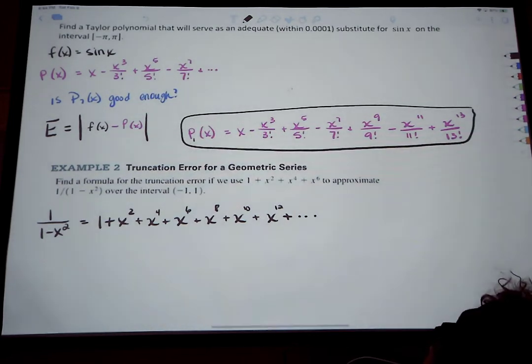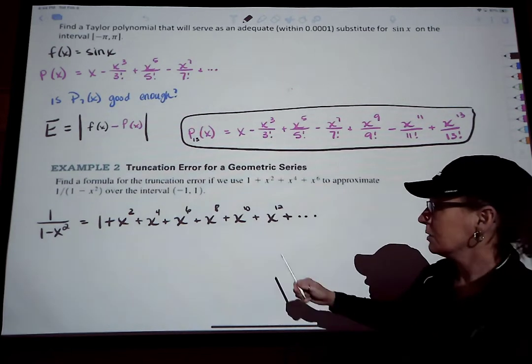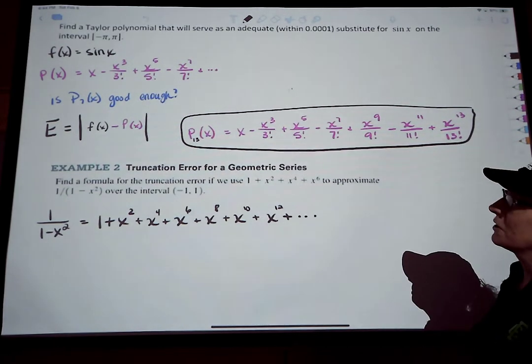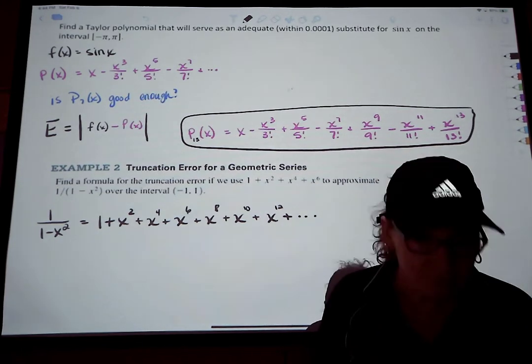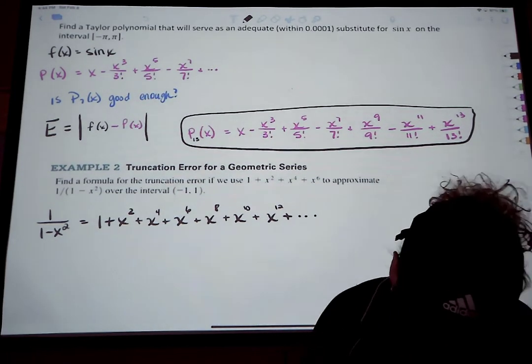And you can even call that P13 because we went out to the, basically we went out to the 13th derivative. Alrighty, last one. This one will go quickly.